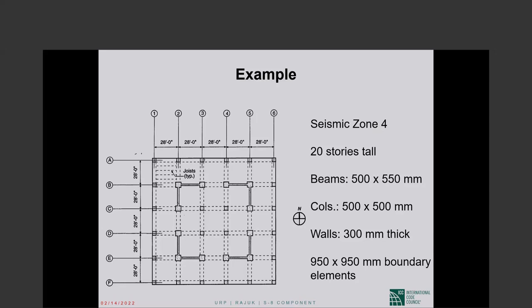I understand what you are asking, but the code will never require a special moment frame. You can approach it two ways, as I once said. You can make the building much stiffer by building shear walls inside the building, or by providing bracing, and then you do not have to provide the ductility, which you don't have.